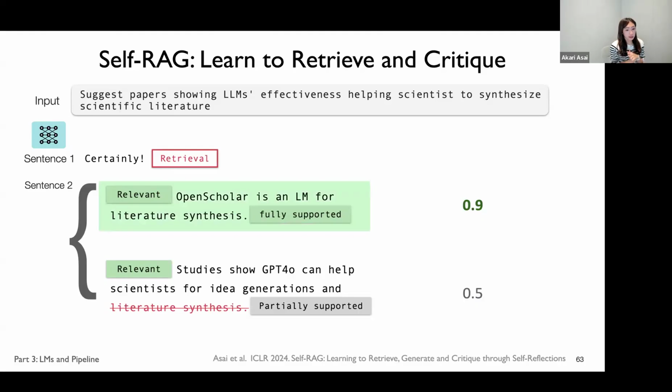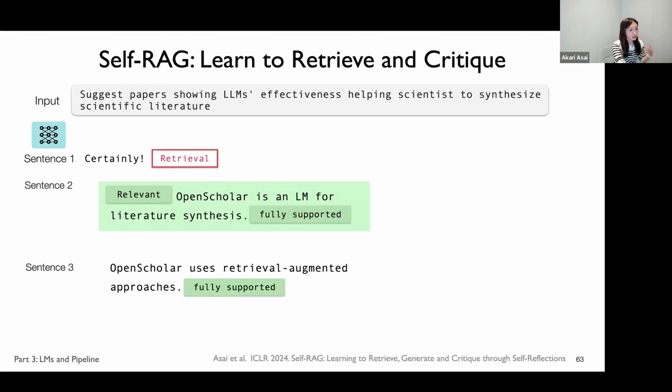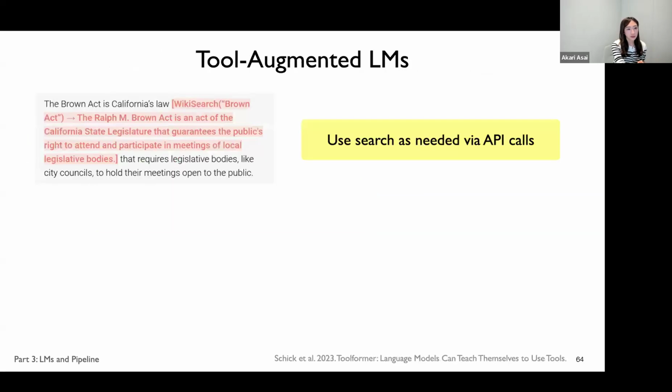We take the best continuation based on special token probabilities so that we can consider both citation relevance and whether the model generates fully supported sentences. And we continue this process until the model finishes generation. We found that this approach can significantly reduce unnecessary retrieval and also make sure the model can generate sentences that are more supported by citation.